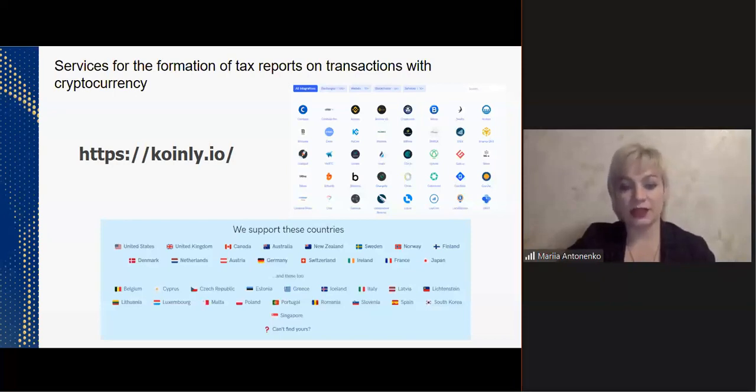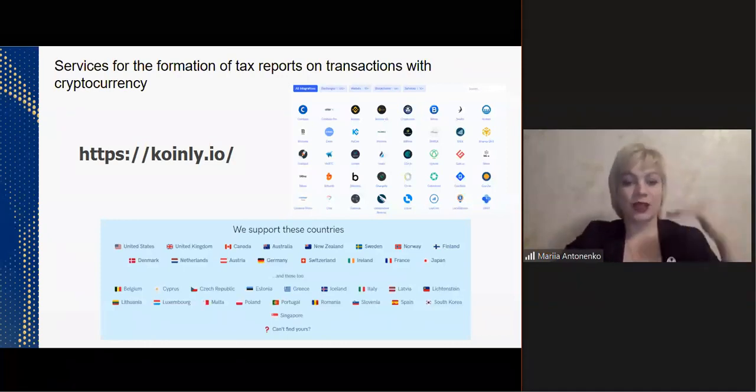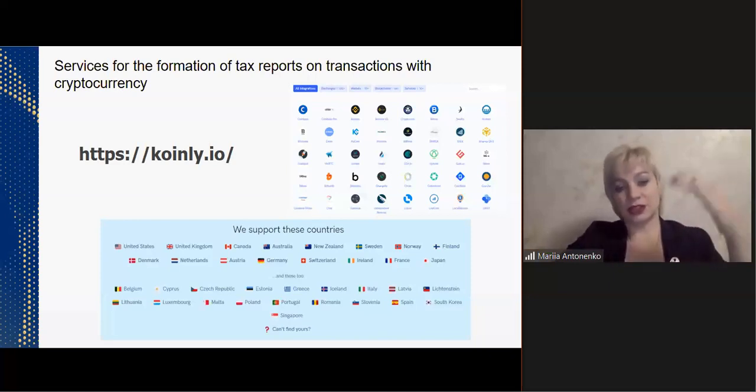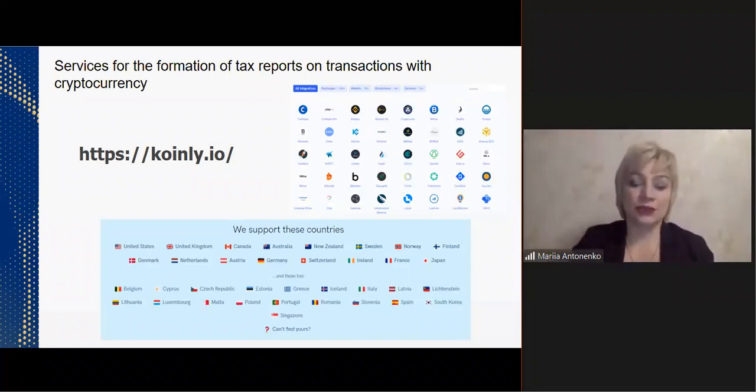coinly.io, and at the bottom you see the countries this service supports and what this service gives. What is its role? You register in this service, you attach the API. This is a key to your exchange account, and the system automatically fills in all your transactions for this account, making up a report.